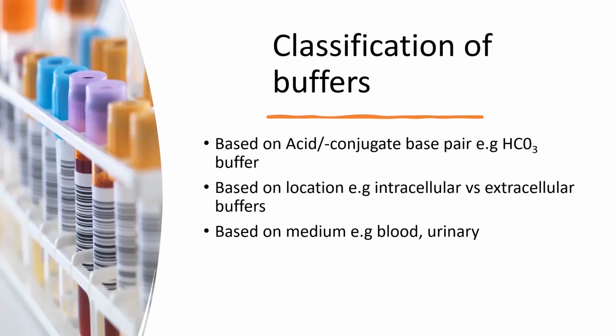Now, to talk about the classification of buffer systems, there are several ways by which they can be classified. We can classify them based on the acid conjugate base pair, for example, the bicarbonate base pair, the phosphate base pair, or the ammonia and ammonium conjugate base pair. That will be one type of classification.